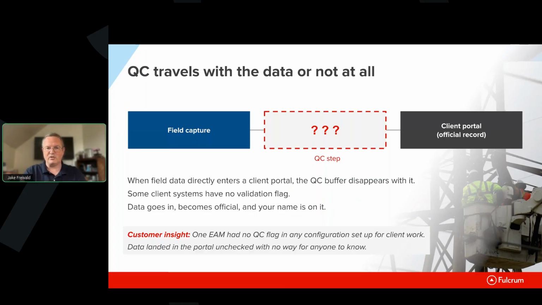Some of the asset information was in there as well, but anything that they had to capture in the field using Maximo Mobile or whatever software they were using, they had no real way to enter that data in a way that people knew was going to be high quality. For ArcGIS, they would do an export from their own ArcGIS to give to the client. For the asset management platform, there was really nothing there. So highly challenging. How do you manage QC when you don't manage the way that the data is captured, and therefore you have no specific place to do the QC yourself?